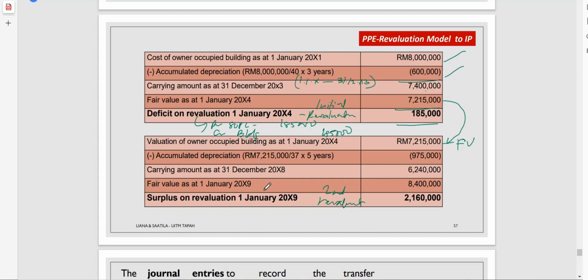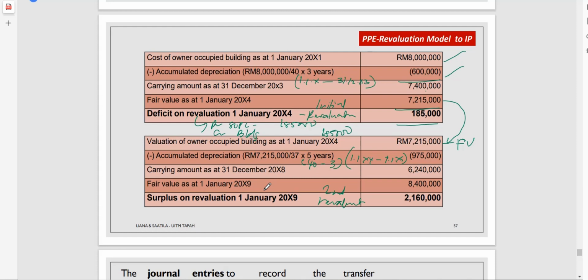You will start depreciating based on the revalued amount that is at fair value 7,215, and then you will continue depreciating the asset. So after 3 years, 40 minus 3, you have 37 years left, times 5 years, because that is after 5 years, 1st of January X4 until 1st of January X9.